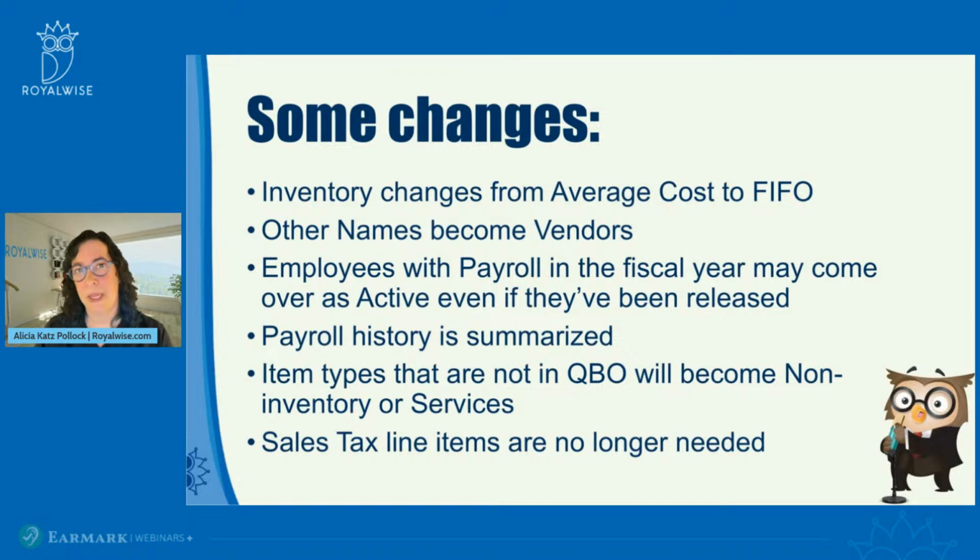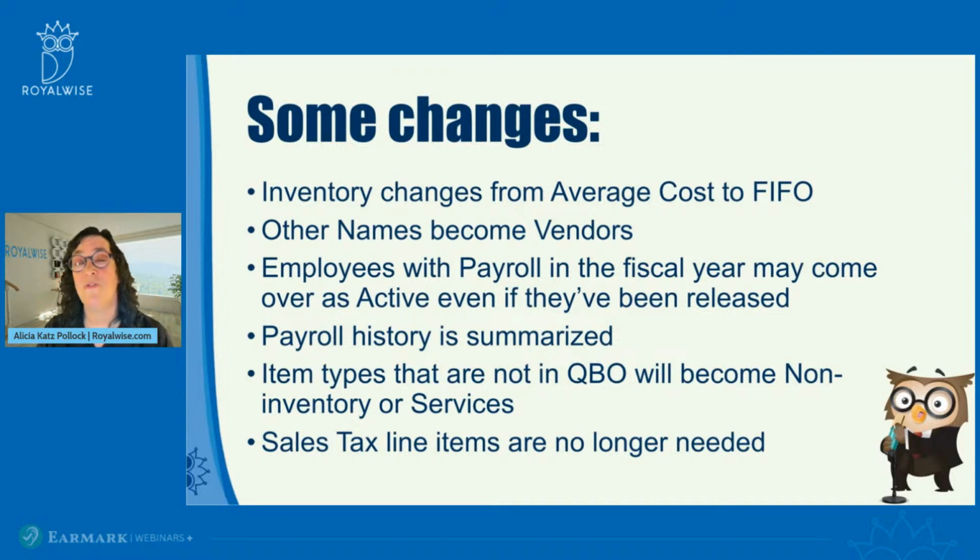Inventory in desktop is calculated as average cost. And in QuickBooks Online, it's FIFO, which is first in, first out, and actually technically more accurate. The difference is that with inventory in desktop, when you buy and sell, it just looks at all of the prices that you have paid to buy the stock, and whatever that average is gets moved from inventory asset to cost of goods at the time of the sale.